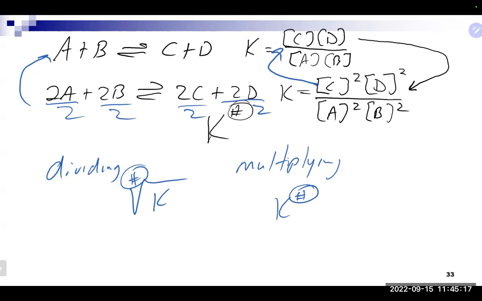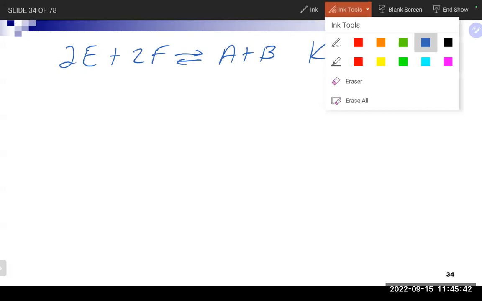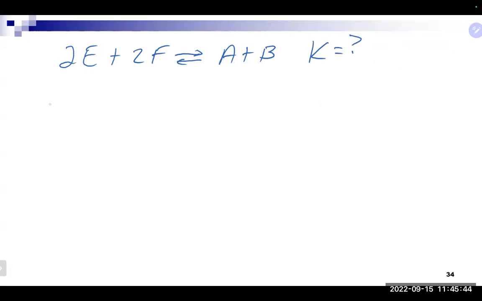All right, so let's say we had, for example, let's say we are looking for the equilibrium constant value for this equation here. We're looking for what is the k here. And the only information we are given is this piece of information here.